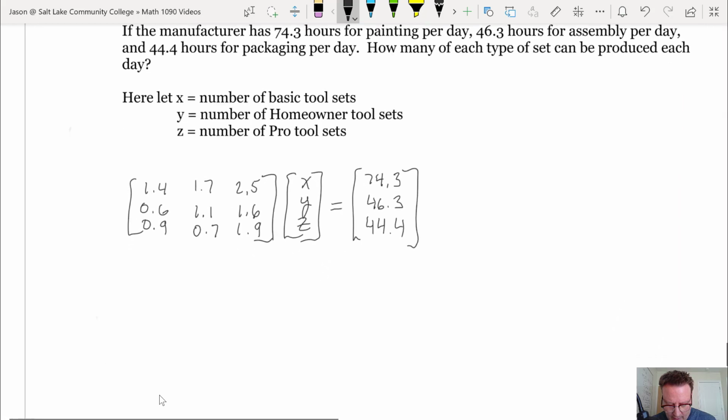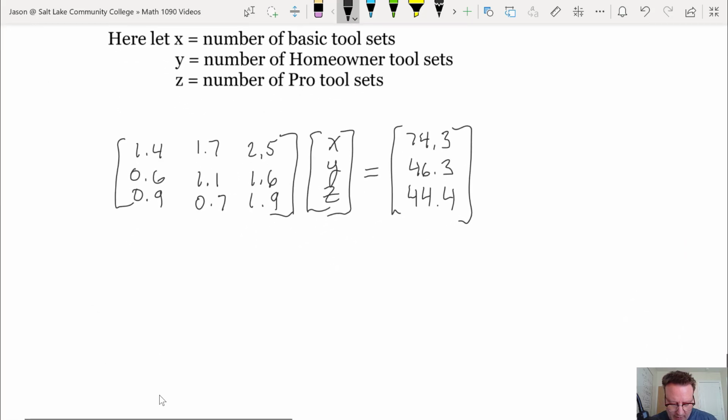Okay. Now I've already put these matrices into my calculator to save some time, and I called this matrix D. We'll call this one X, and in my calculator, I used the E matrix for this column vector. So this linear system is represented by DX equals E. What do I want to solve for?